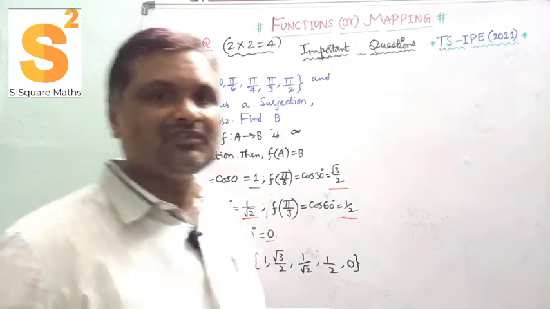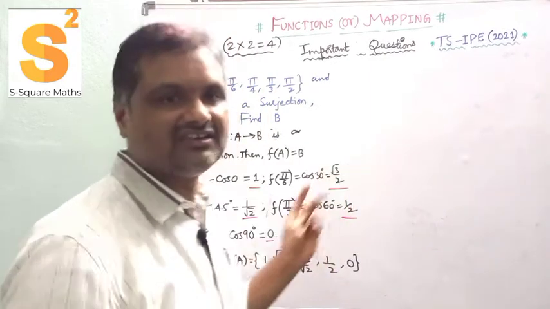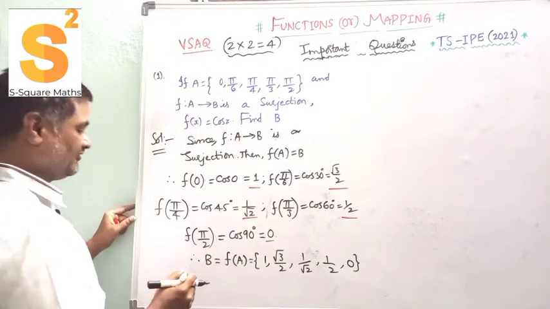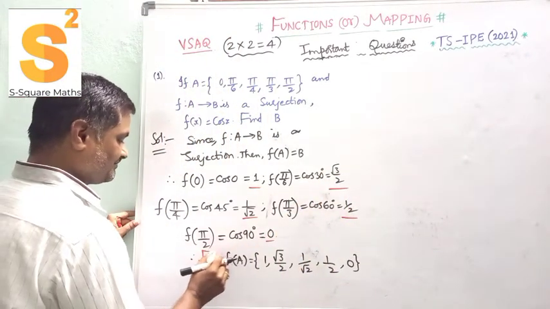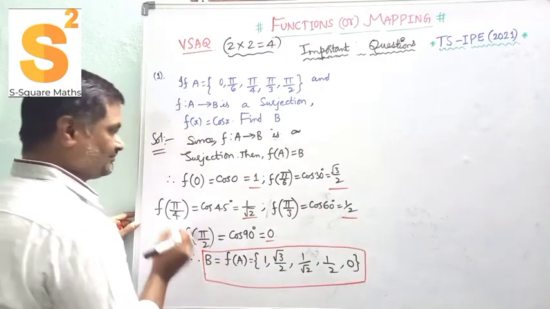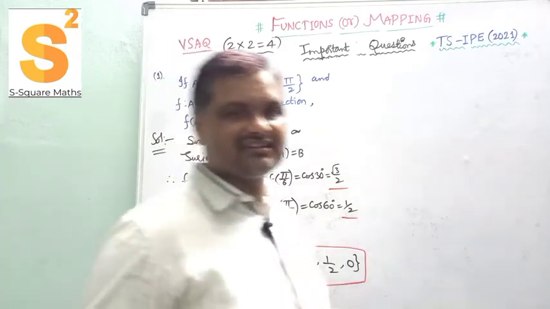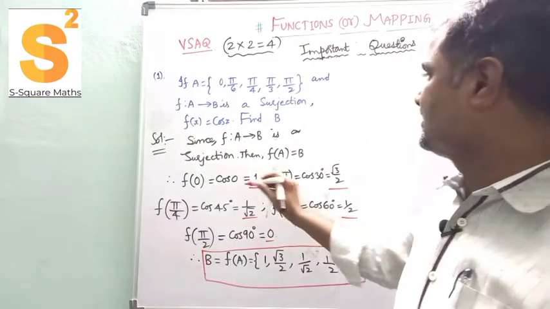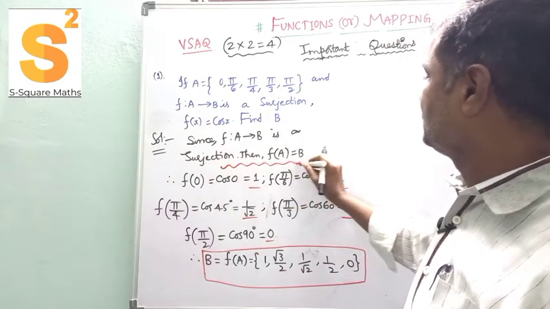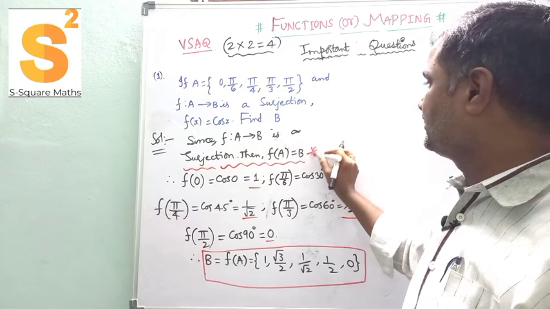This is our final answer, the range for the defined function f maps from A to B where f of x is cos x. Nothing new, just remember that since it is a surjection, this is a point we have to remember and follow.